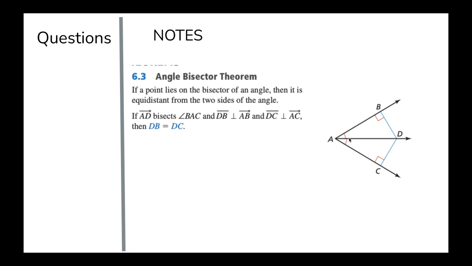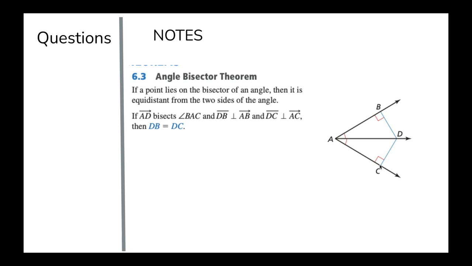So any point on the angle bisector, if we draw a line straight to the sides of the angle, it has to be perpendicular if it's the distance there that we're looking at. It'll be perpendicular to the side. So just like this one, that's how you get the distance.